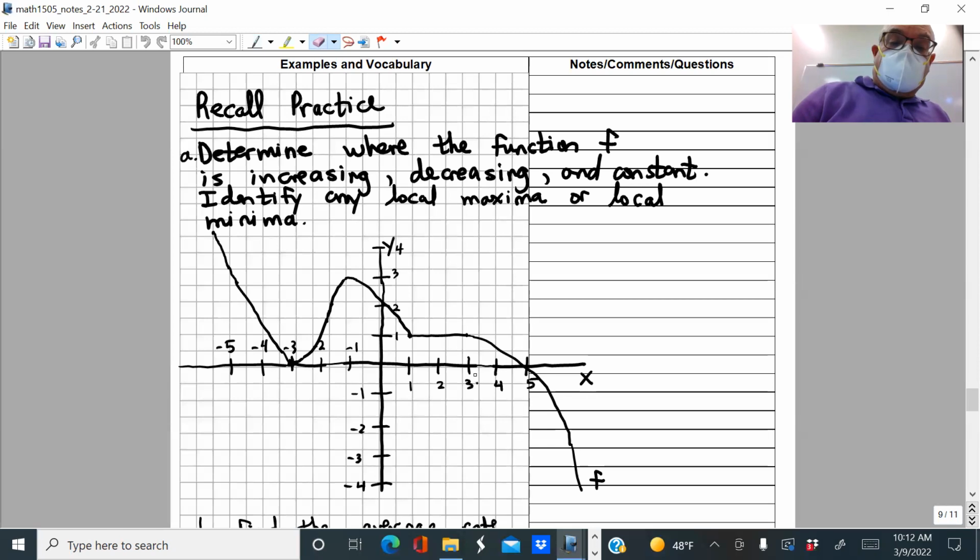Let me erase that. Okay, can y'all see that well enough to make a decent stab at identifying where it's increasing and where it's decreasing? And in this case, where it's constant, which is kind of unusual for graphs, but I threw that in there just so I could ask that.